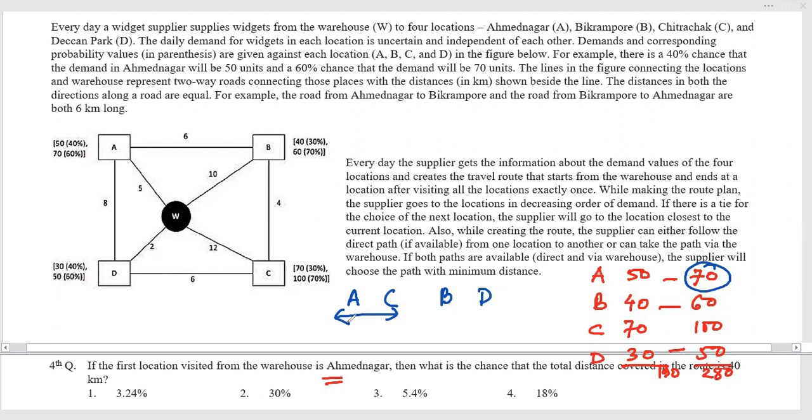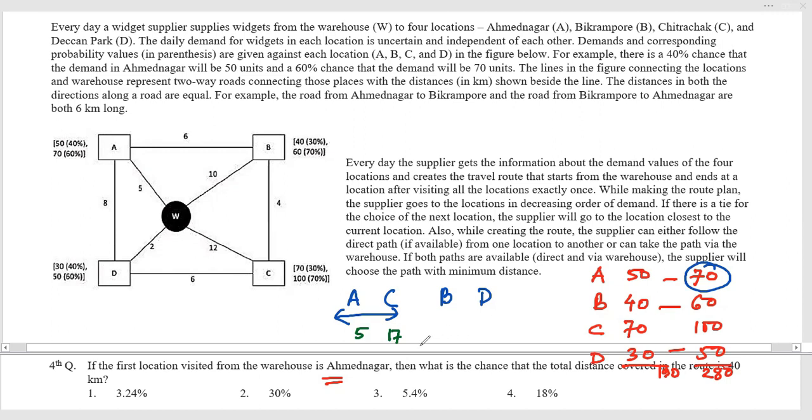Kilometer I need to know. Okay, let's check that kilometer. AC, if it is this order, what is the kilometer? A is 5, and C is 17. That is done. That means it is 22 already done. 18 kilometer remains for this location, either BD or DB.